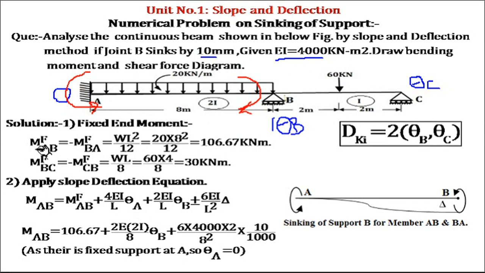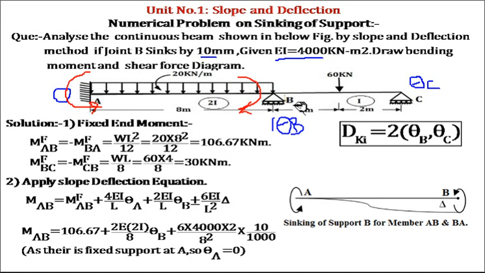So fixed moment due to the UDL will be WL square by 12, putting the value of W and L. So fixed moment in member AB is plus 106.67, and fixed moment in member BA is minus 106.67, as moment is acting in clockwise direction.